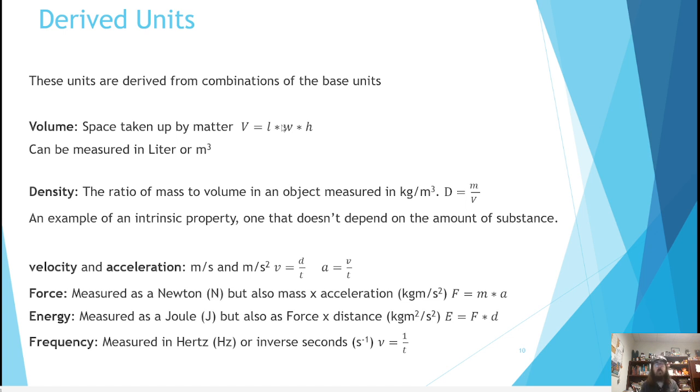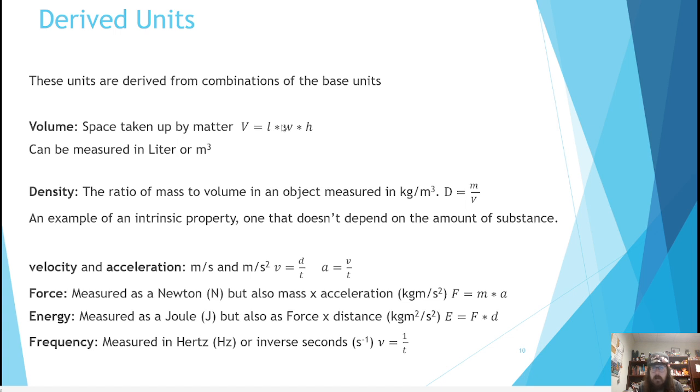Force, which is given in the units of newtons, typically, but technically the SI unit is kilograms meters per second squared. When we said meters per second squared was acceleration, kilograms is a mass, so mass times acceleration is our force. A joule, we will use joules, but the SI unit would be kilograms meters squared per second squared.